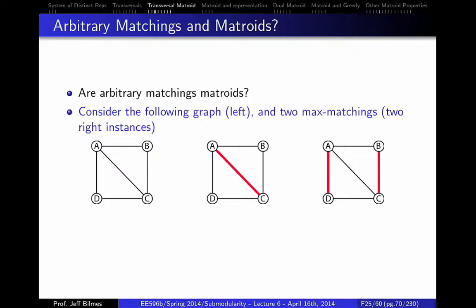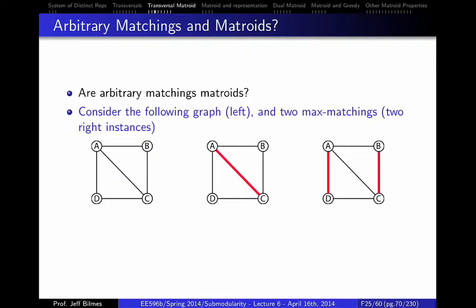If I added any edge to the middle one, would that still be a matching? Let's try adding an edge and see what happens. If I add that edge, is it still a matching? No. If I add this edge, is it a matching? No. There aren't that many choices here, we can enumerate all of them. Are there any edges that we can add that retain matching? No. So this single edge is a maximal matching.